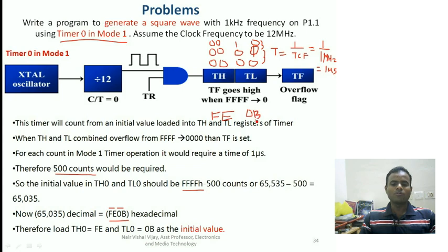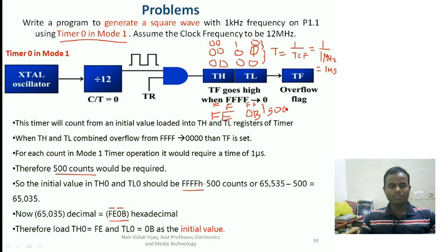The number of counts from FE0B to FFFF is nothing but 500.